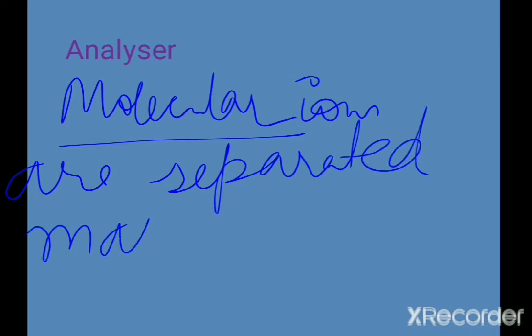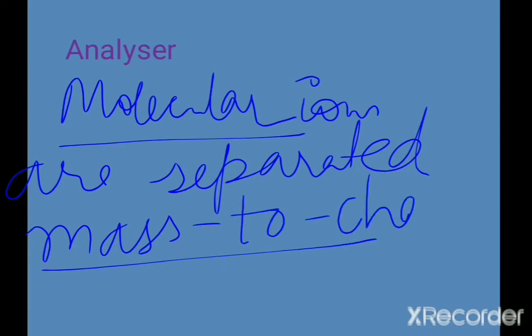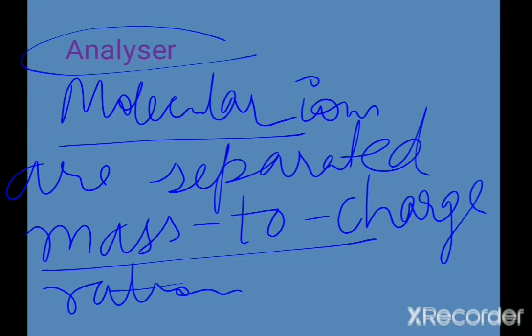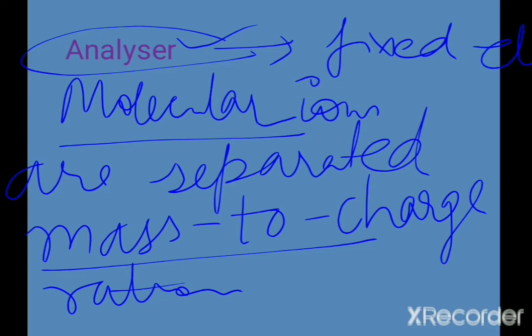Remember this, it is an important point, that by mass to charge ratio, these molecular ions are separated under the fixed electromagnetic field. So the analyzer provides a fixed electromagnetic field to the molecular ions.